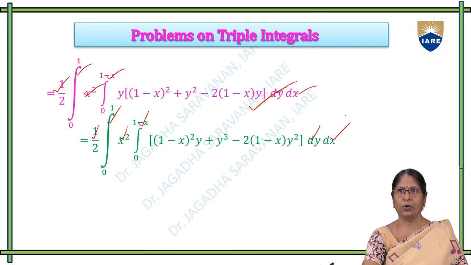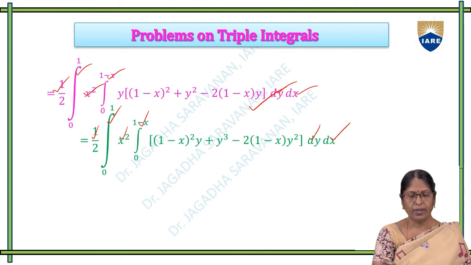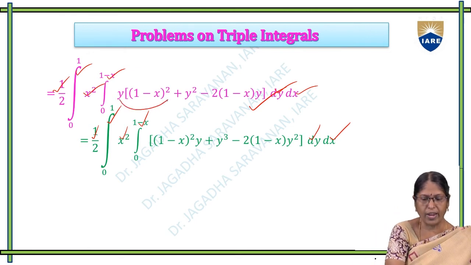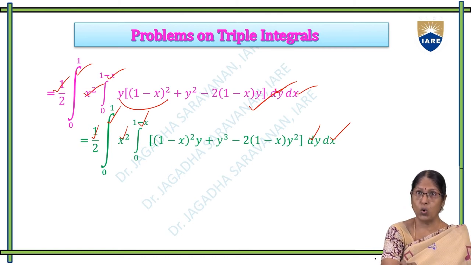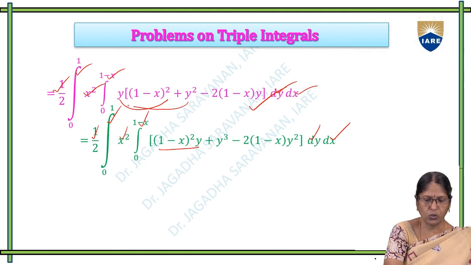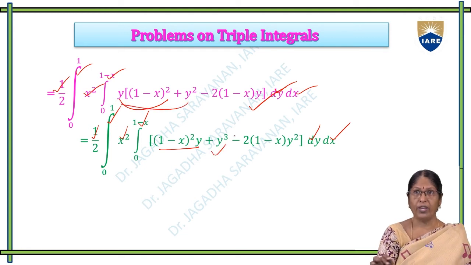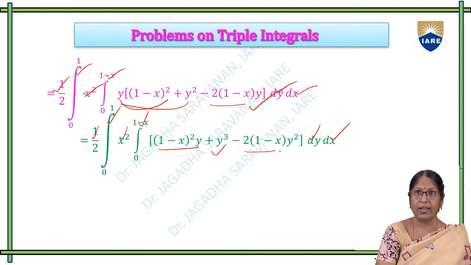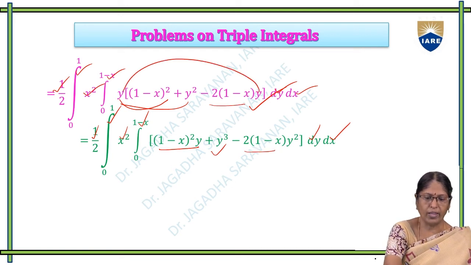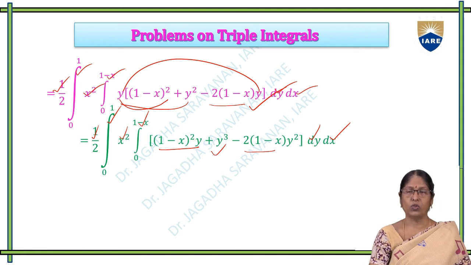No changes at all. Now this y we have taken inside. So 1 minus x the whole square into y here, and y square into y cube. This minus 2 into 1 minus x as it is, but y into y square.